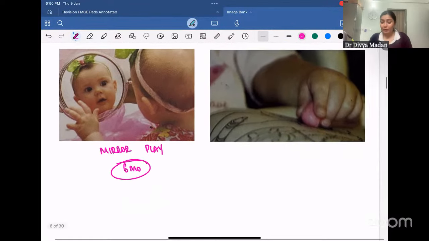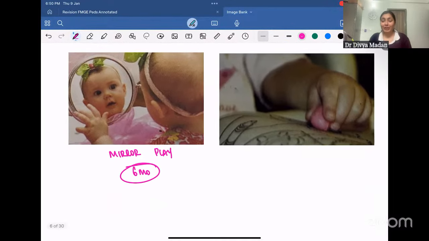Now coming to this fine motor milestone, what is happening here? The child is holding a ball within the two fingers, using the index finger, thumb, and also middle finger. This is pincer grasp. Is it mature or immature? It is immature pincer grasp. When the child holds the object in between just the thumb and the index finger and makes an okay sign, this is mature pincer grasp.